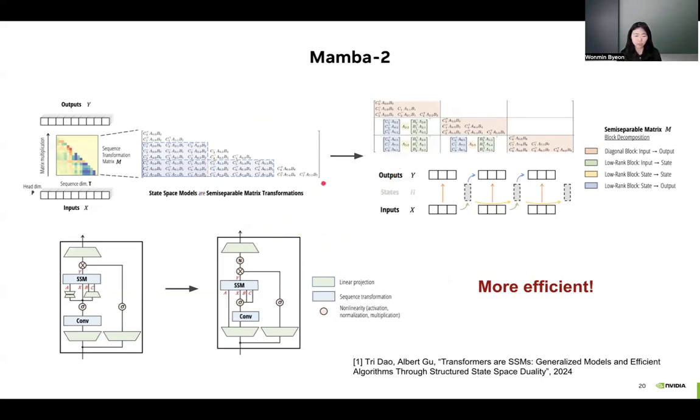First, they divide the sequence into chunks and then do block decomposition for the A, B, C matrices, so the computation for those matrices is a lot more efficient. And the second part is the architecture. They remove these projections for A, B, and C, and that also improves the efficiency.